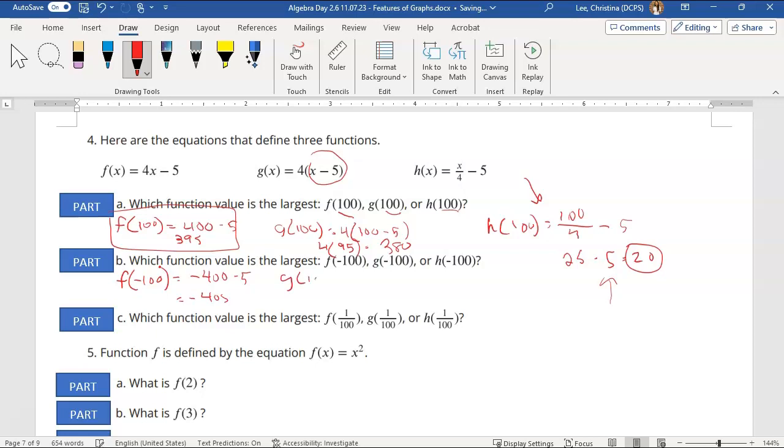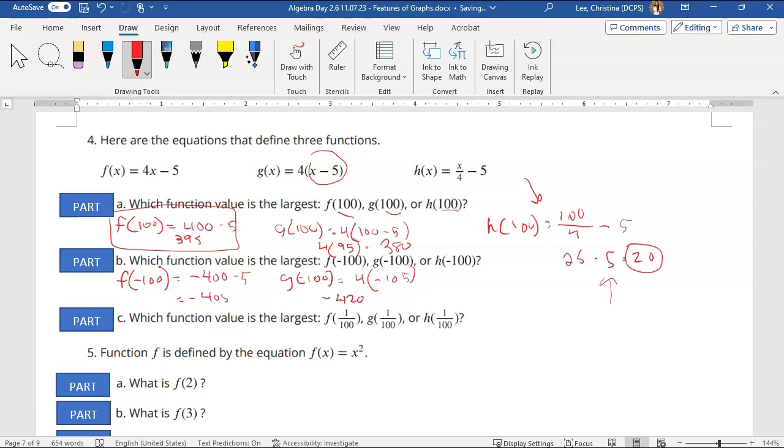G of negative 100 equals 4 times negative 105, which is going to be negative 420.